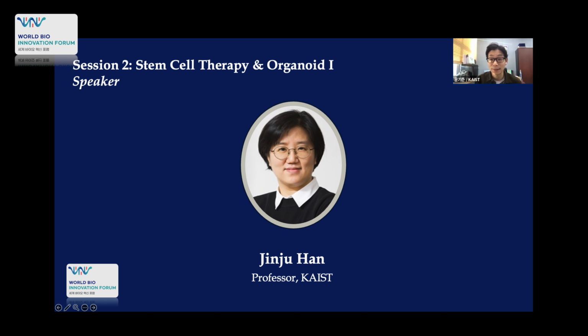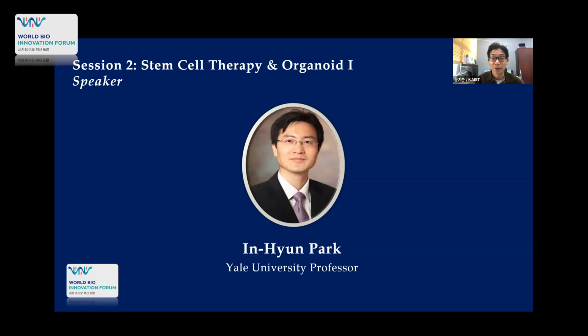Okay, any other questions? While waiting for questions from the audience, I have one quick question. You are developing many new regionally specified organoid systems, and I wonder how you define the optimal concentration of morphogens such as FGF8, BMP4, and sonic hedgehog.